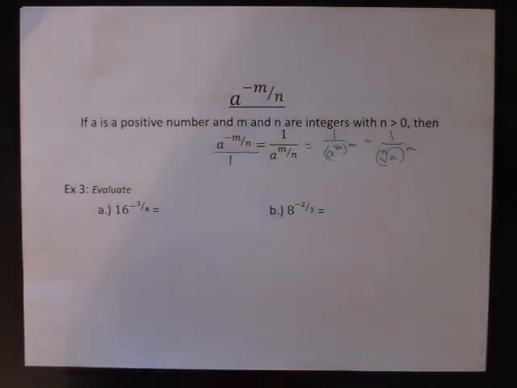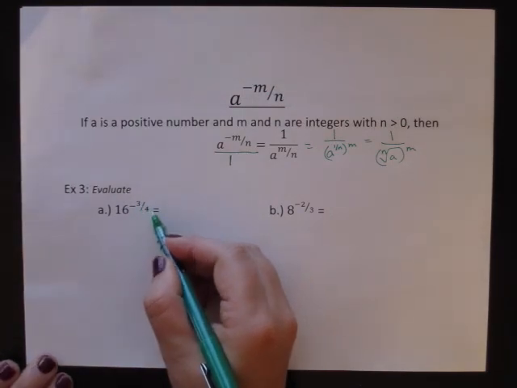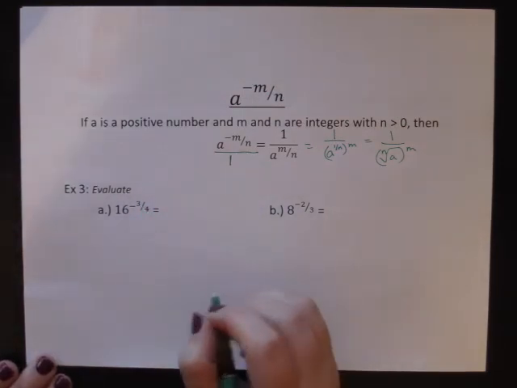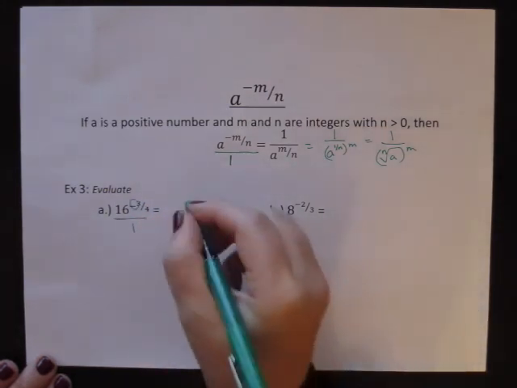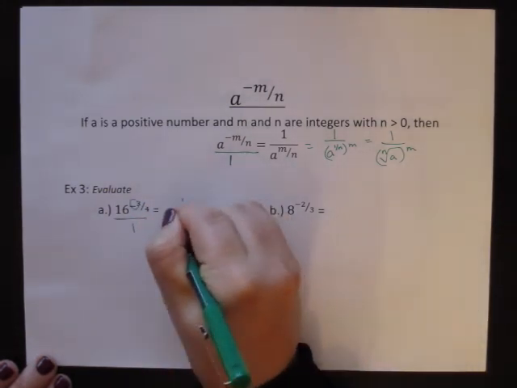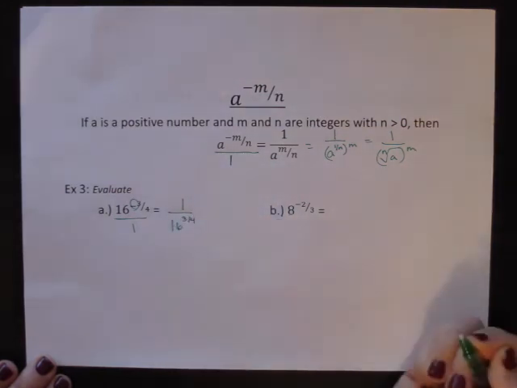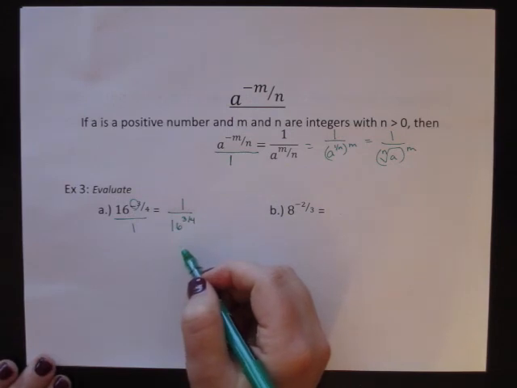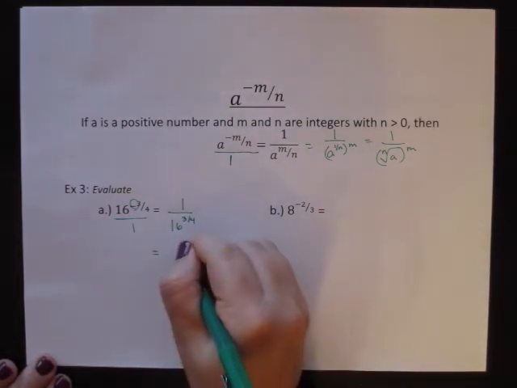Alright, now we're going to make it real. So I've got 16 to the negative 3 over 4. First thing I notice is I have a negative exponent, so I'm going to put this over 1, telling me to change it. So this would be 1 over 16 to the 3 over 4. That's the first step, to get rid of that negative. The next thing I do, just like we were doing before, is pull out my numerator.